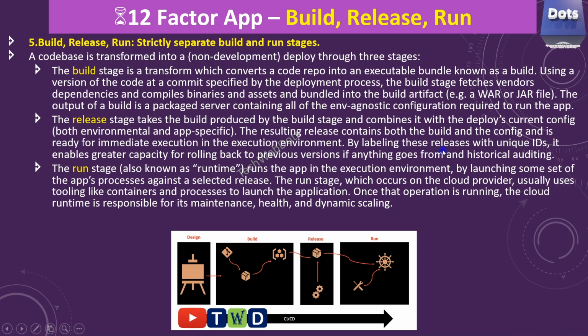By labeling these releases with a unique ID, it enables greater capacity for rolling back to a previous version if anything goes wrong, and for historical auditing. We can also achieve the same thing if you are using ADO pipelines, or containerized microservices.